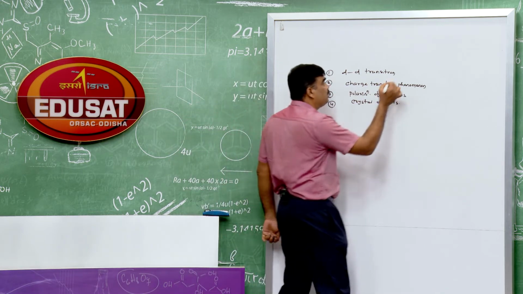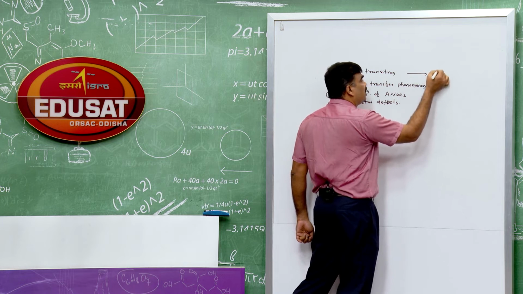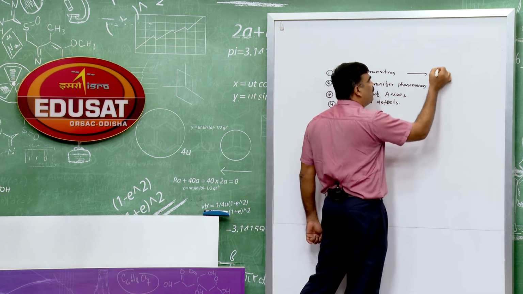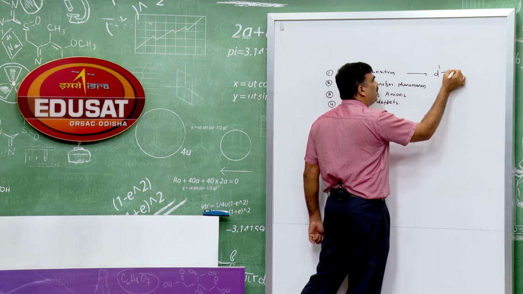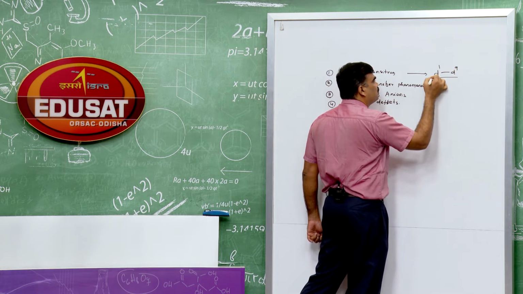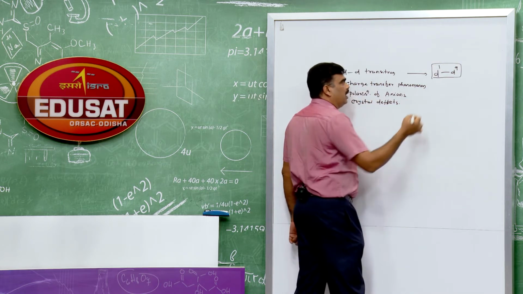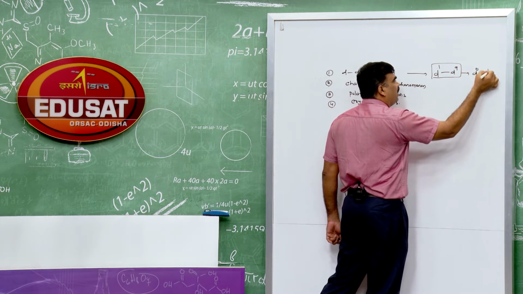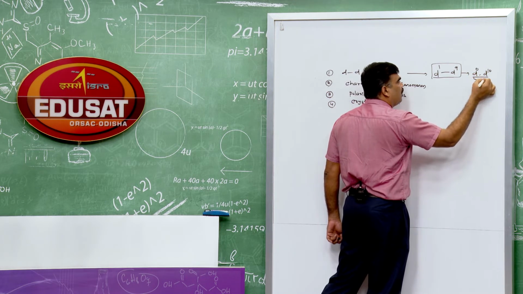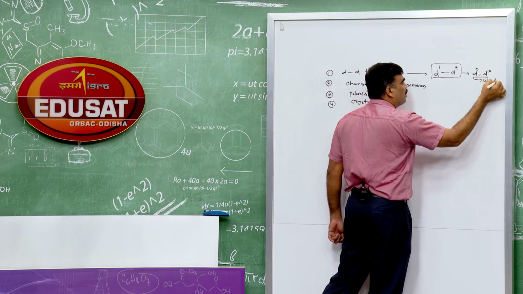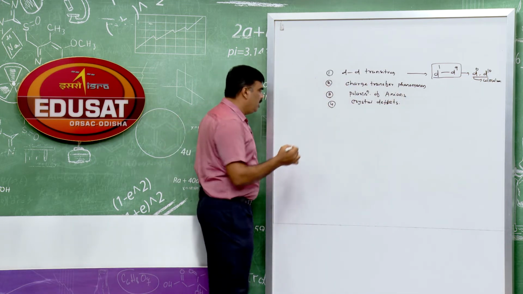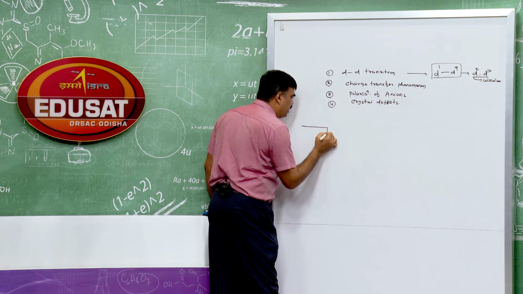But for d-d transition, what is the requirement? The transition metal compounds or complexes must have d1 to d9 electrons. If d0 or d10, fully filled or vacant, they are colorless. d-d transition means, it is called crystal field splitting.